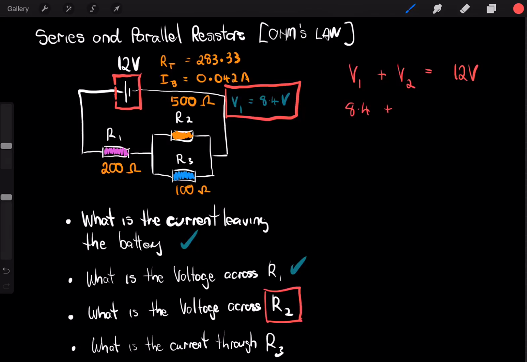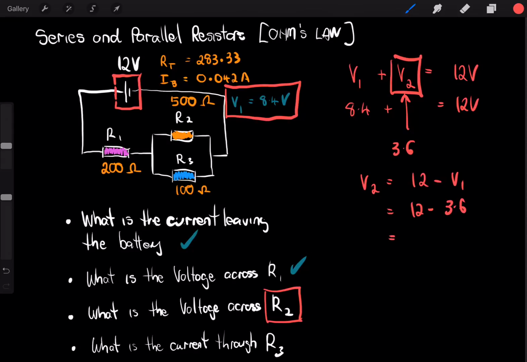So V2 must be 3.6 if they're going to add up to 12 volts. Put another way, V2 will equal 12 volts minus V1, which is 12 minus 8.4, which will equal 3.6 volts.